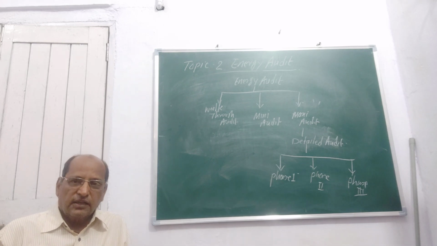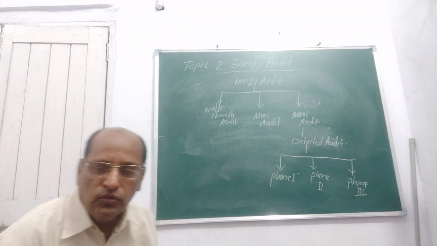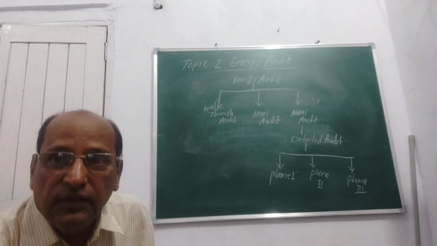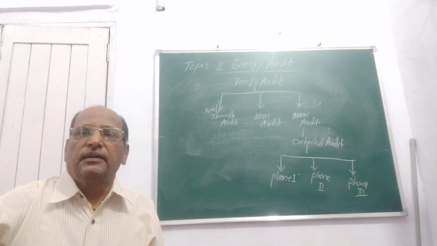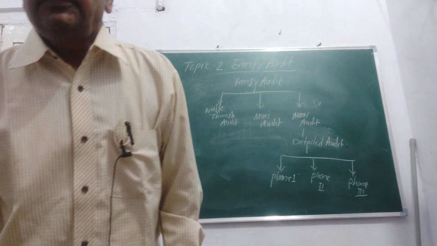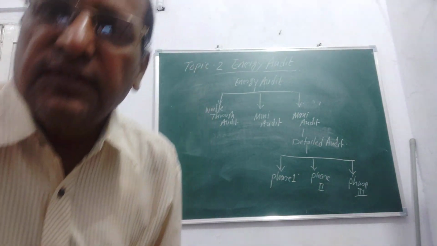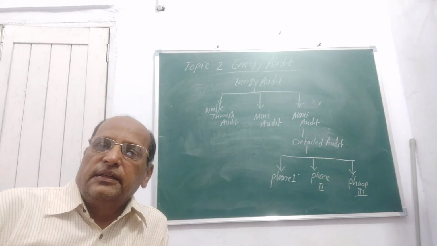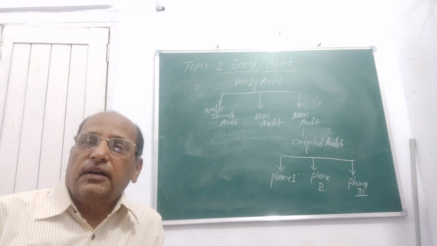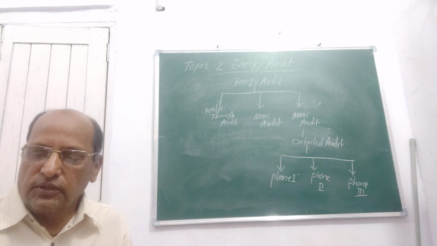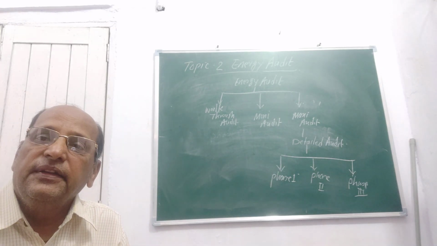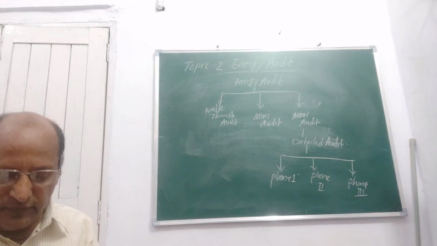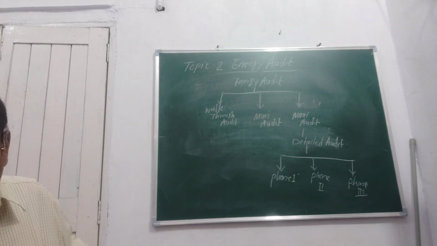So in this detailed audit, you have to confirm the total requirement of the system according to the requirement in the individual section of the plant in which you require a detailed study, and what processes you require to improve the efficiency of the system.